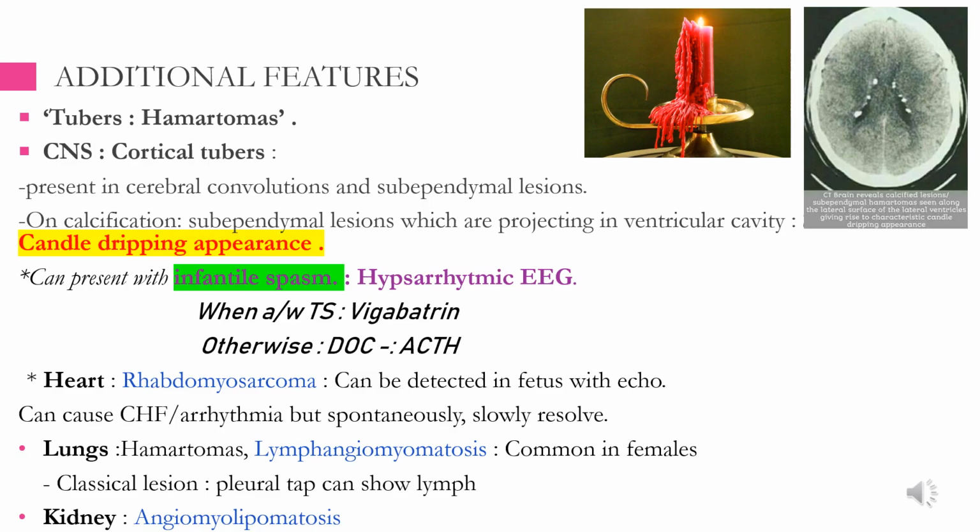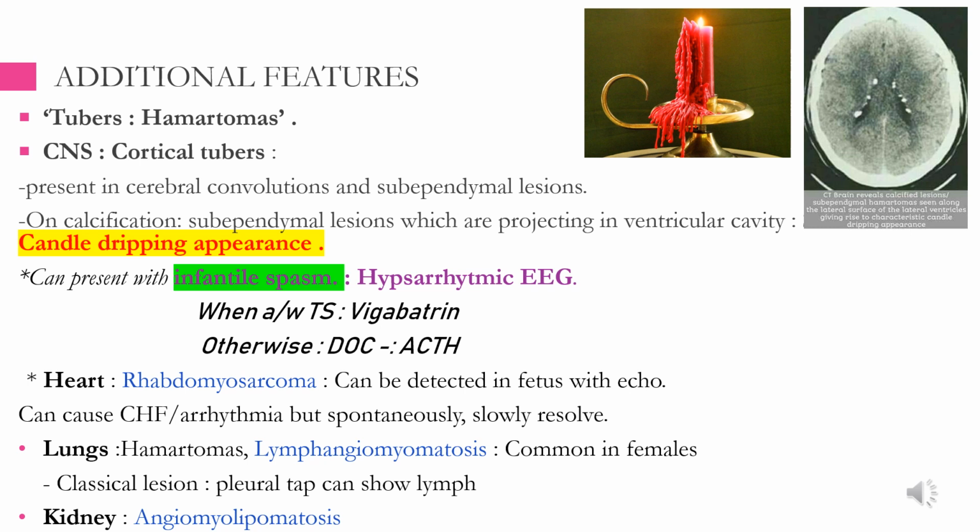Now some additional features. To remember this, just remember that tuberous sclerosis has lots of tubers, that is hamartomas. Whatever lesion looks like a tuber, that is some mass, is going to be there in tuberous sclerosis. In the CNS, there are cortical tubers, present in cerebral convolutions, and subependymal lesions.